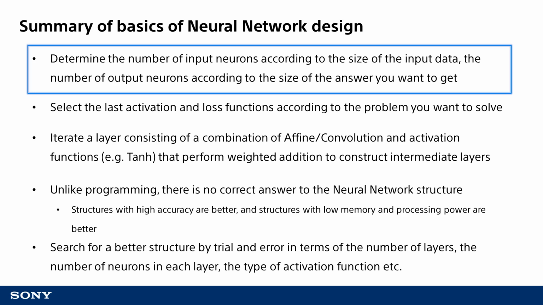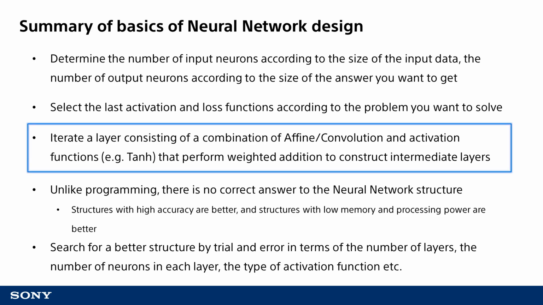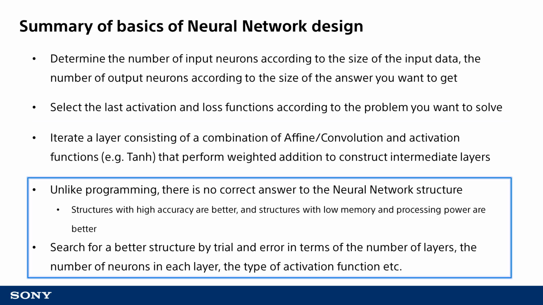We first determine the number of neurons in the input and output. Then we select the last activation and loss functions according to the problem you want to solve. From the input to the last activation function, the combination of affine or convolution for weighted addition and the activation function was used to form a single layer, which was connected many times to form intermediate layers.